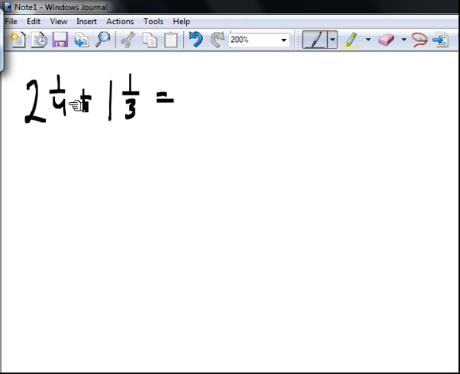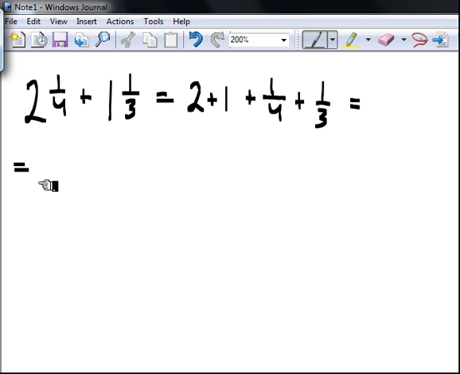You can do the wholes separately and the fractions separately. So we're just going to add 2 plus 1. I'm going to write it here, 2 plus 1. So we're going to do this here, and then at the end we can do 1/4 plus 1/3. Okay, 1/4 plus 1/3. I'm just going to write equal, and we're going to continue on the next row.